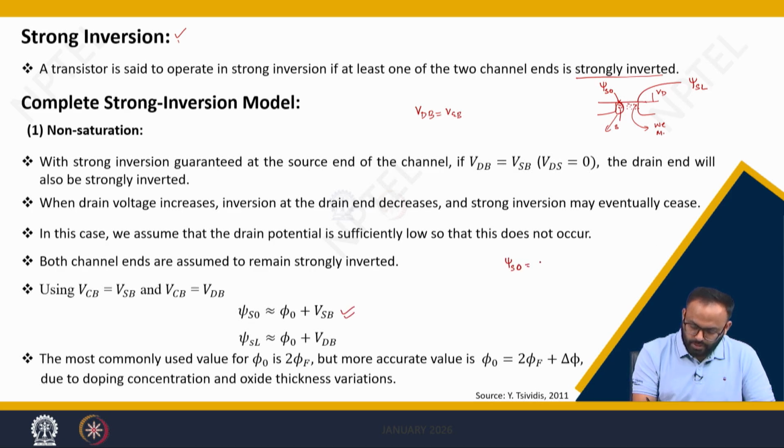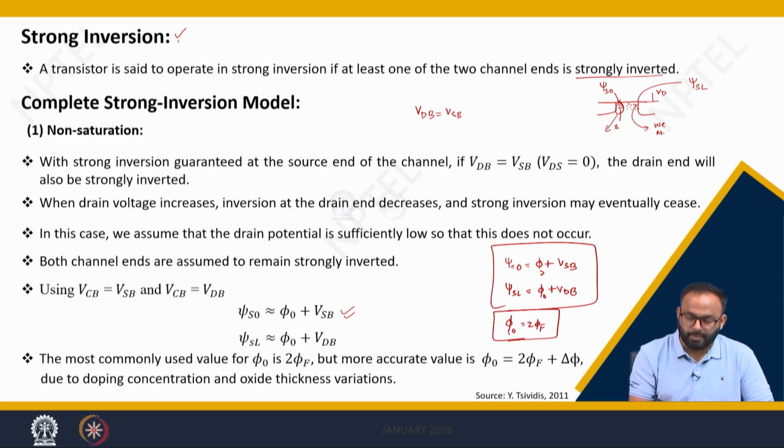Psi S0 is equal to phi naught plus VSB, and psi SL is equal to phi naught plus VDB, where phi naught is nothing but 2 phi f, which we have already discussed many a time is a bad choice. So we need to add some delta phi to provide a smooth transition between weak, moderate and strong inversion.